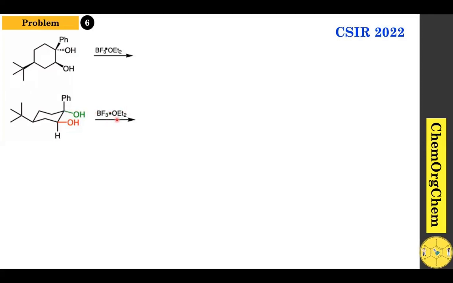So here when you use the Lewis acid BF3 etherate, this one is electron deficient. The hydroxy group has two lone pairs of electrons. One of the lone pairs attacks the electron deficient boron atom, which leads to kick off the diethyl ether molecule and generates the corresponding intermediate.